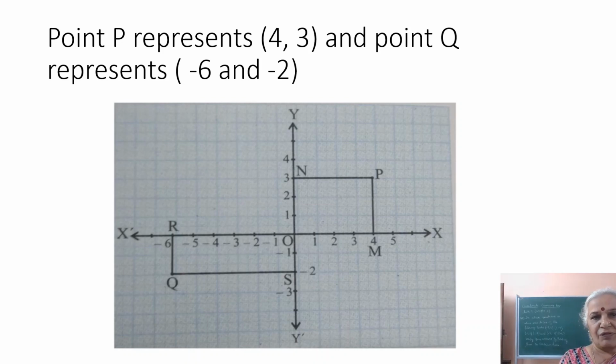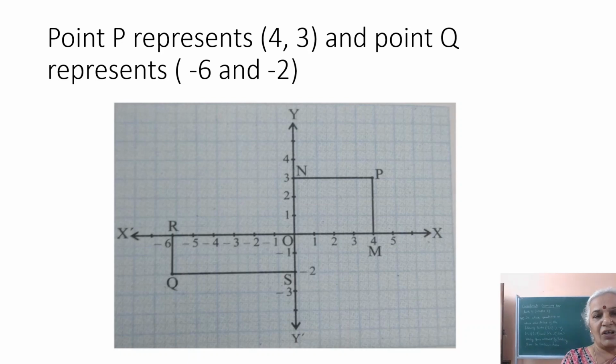this is on the x dash axis, we have to go 0, -1, -2, -3, -4, -5 and -6, and then we have to go down, that is -1 and -2. All the positive numbers come on the right side of x, and all the negative numbers we have to mark on the left hand side.